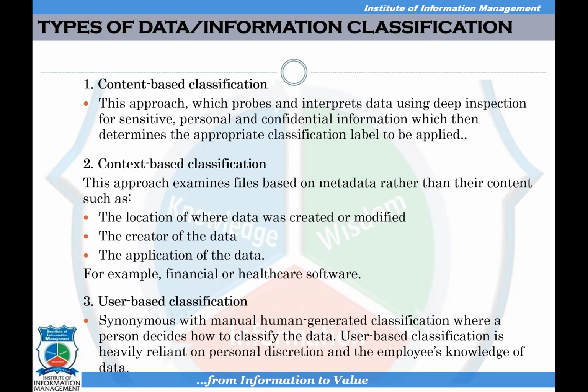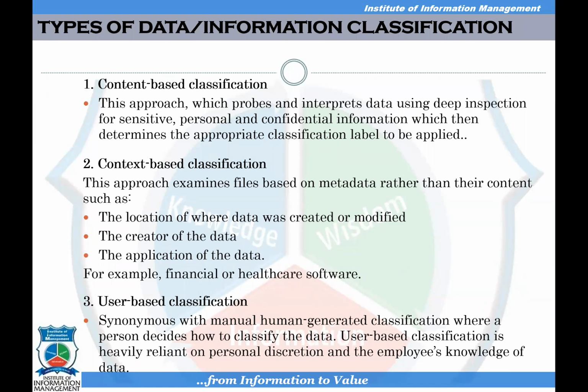So, as I was saying, you have the content-based one, which I defined as sensitive, personal, confidential information which then determines the appropriate classification. You will know it when you're a professional, you will actually know it. And this comes to you if you're structured in your ways. Then you have the context-based, where documents are classified based on location, who created it, the application of the data.